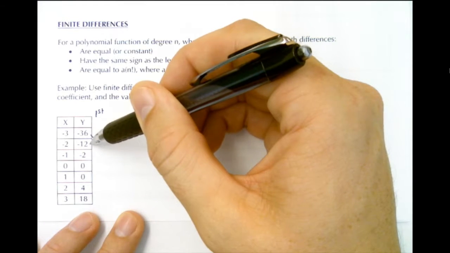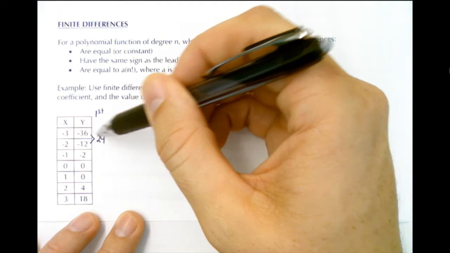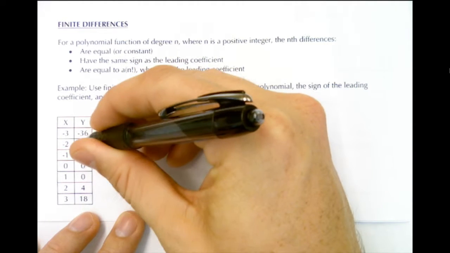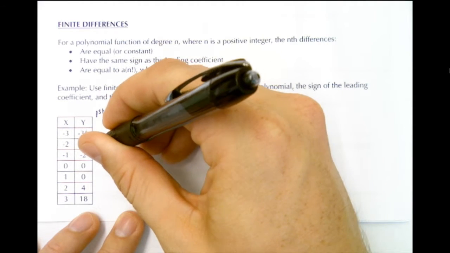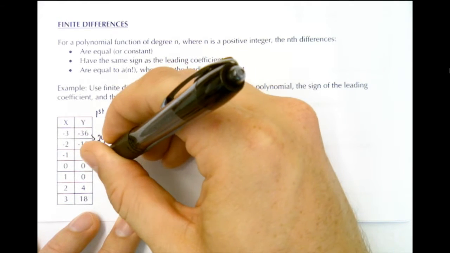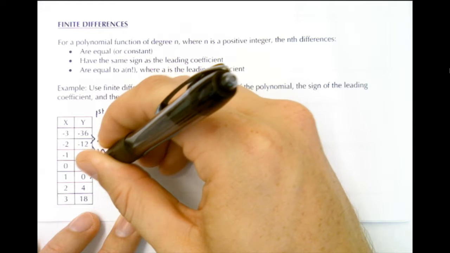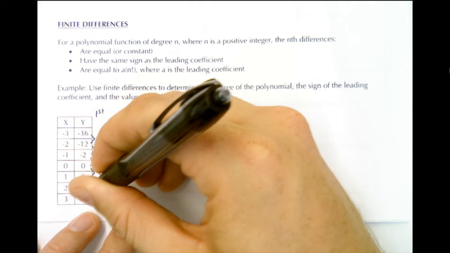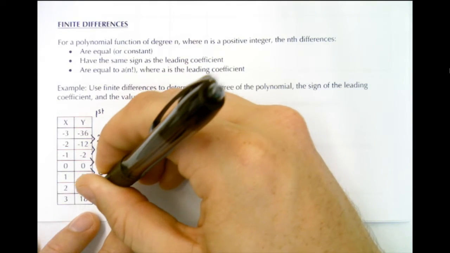So negative 12 subtract negative 36 is 24. And you can keep going. Negative 2 subtract negative 12 is 10. 0 subtract negative 2 is 2. 0 subtract 0 is 0. 4 subtract 0 is 4. And 18 subtract 4 is 14.